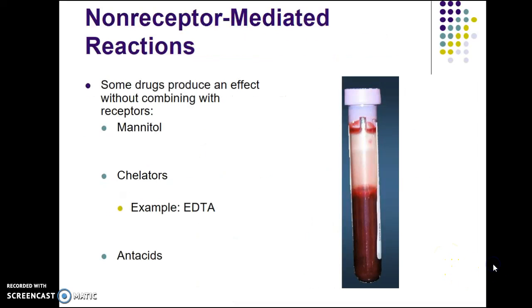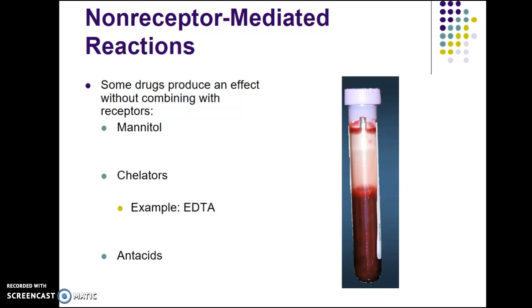So lastly, there are ways in which drugs exert their influence in the body not needing receptors. One of these is mannitol. Mannitol is basically a large sugar composed of large sugar molecules.